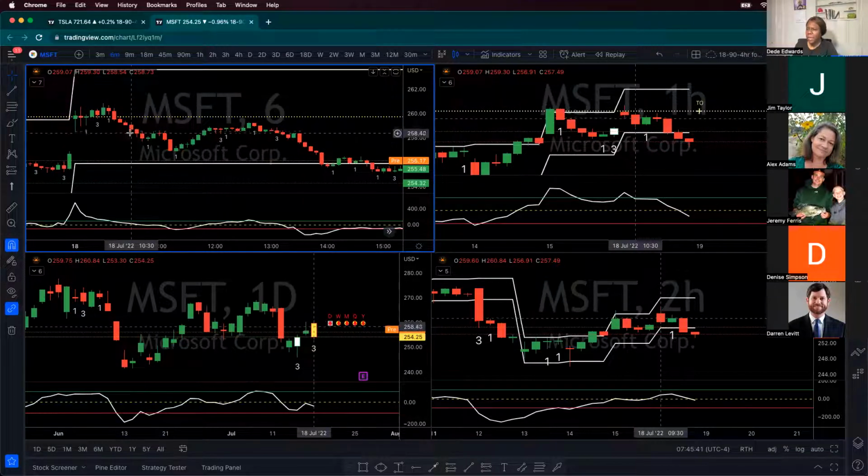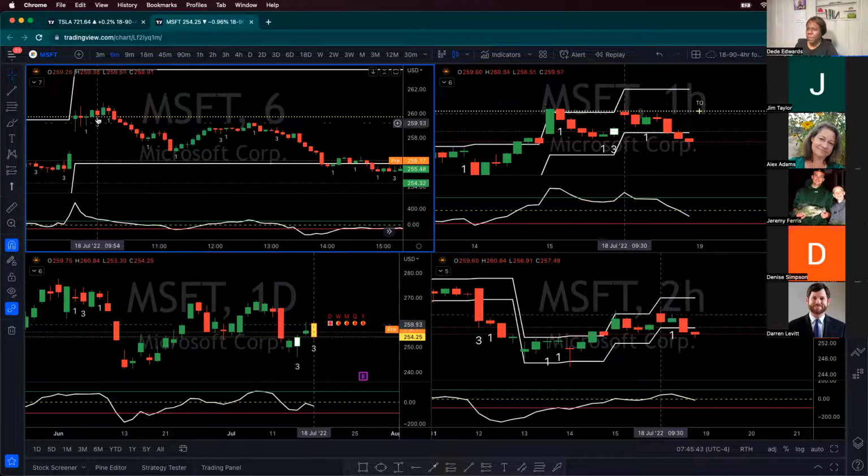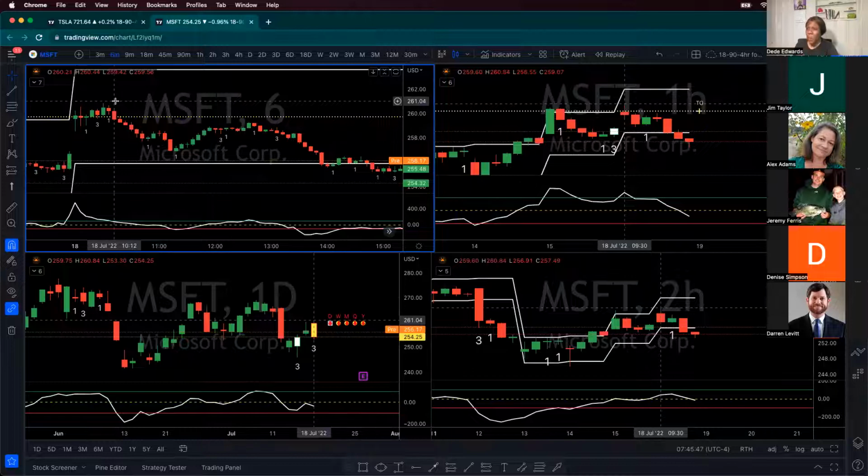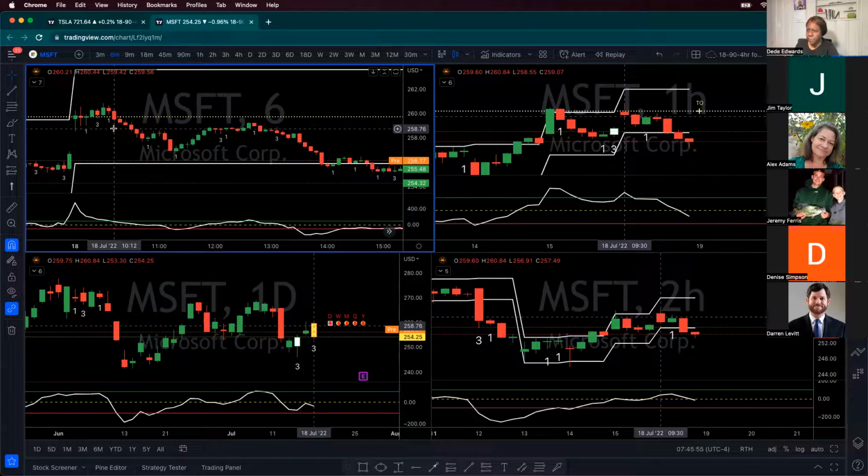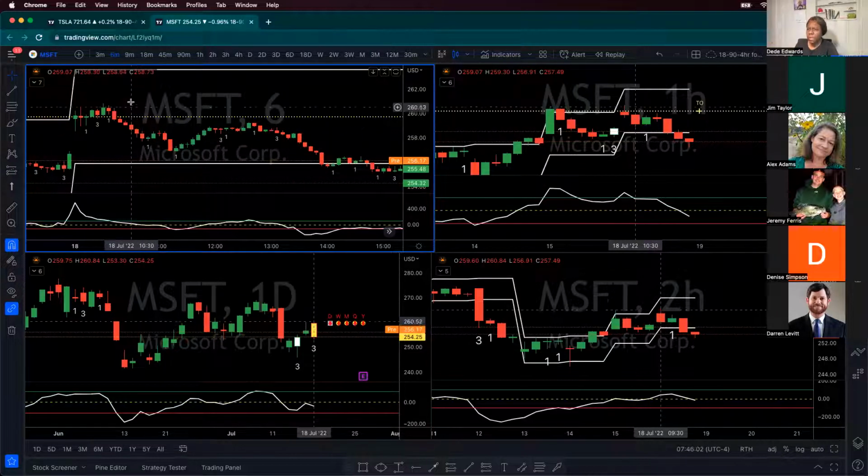This was not a great entry, right? Because you had an inside bar way up here, which would have been like the 15-minute flip if you were on the 5 or the 15. Then you had 2 down, 2 down, 2 down, 2 down, 2 down, 2 down. You never got another 2 against you.